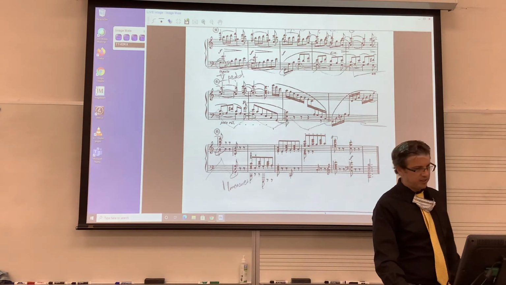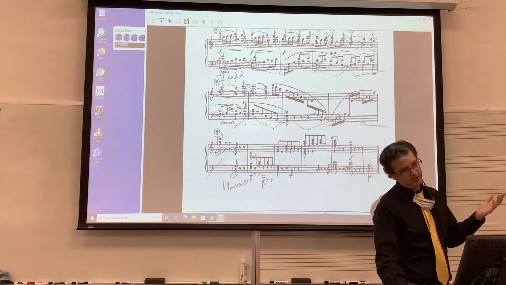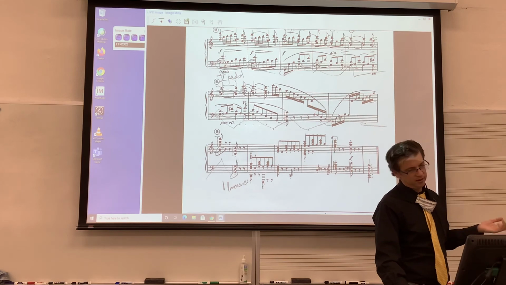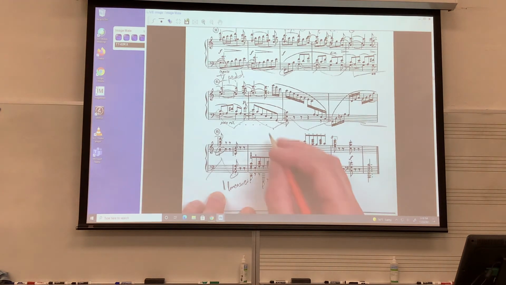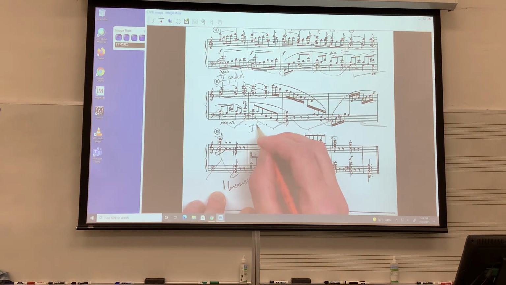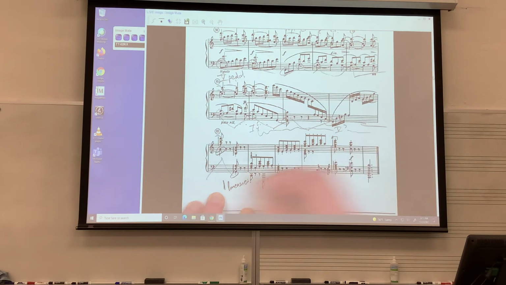So we're still waiting for it. And then of course we get this cadential 6/4, 5/7, 1. There it is, the PAC in C major.